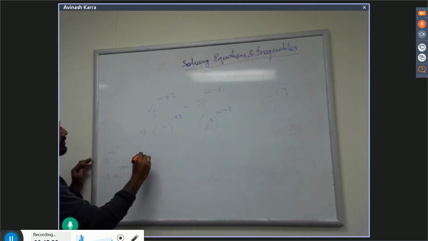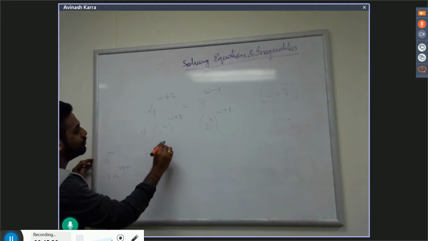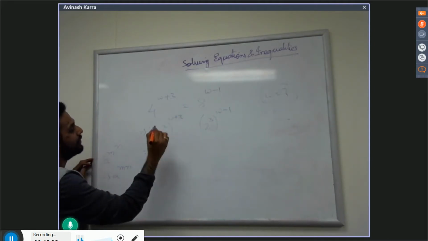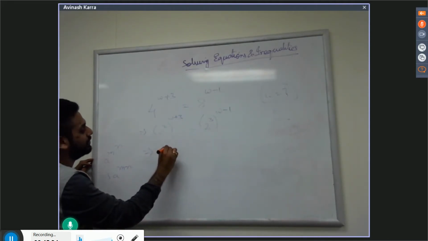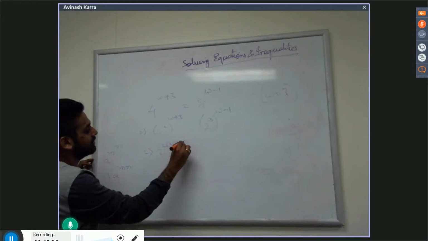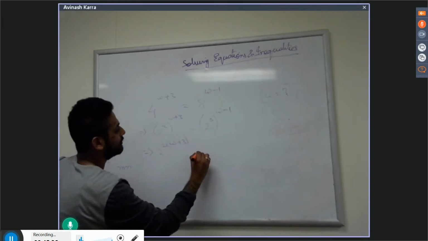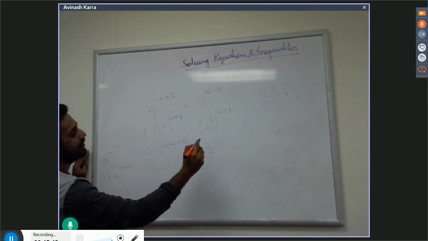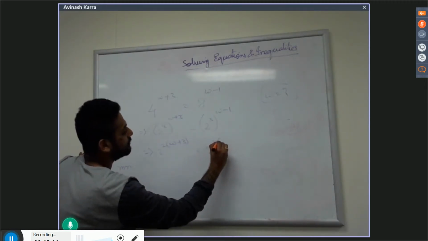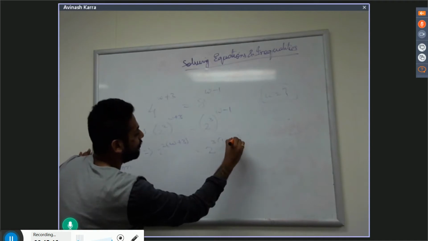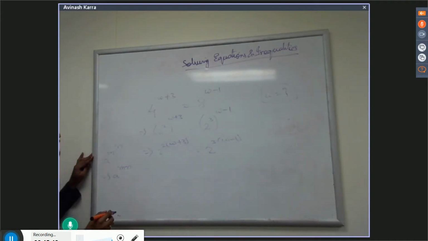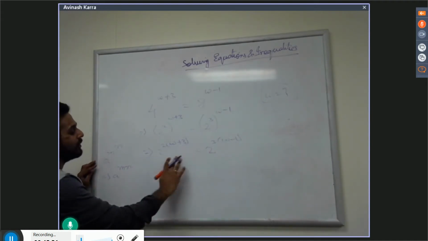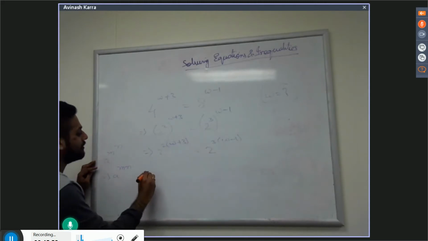From this formula, what do I get? 2 to the power of 2 into w plus 3 is equal to 2 to the power of 3 into w minus 1, applying the same formula. Okay, so now both the bases are equal, so powers are also equal.